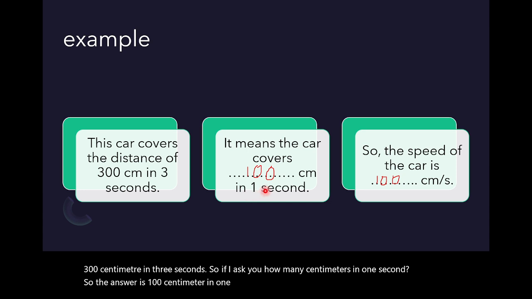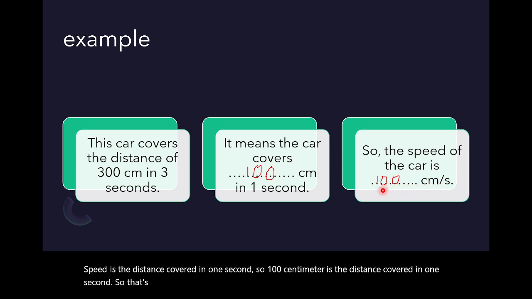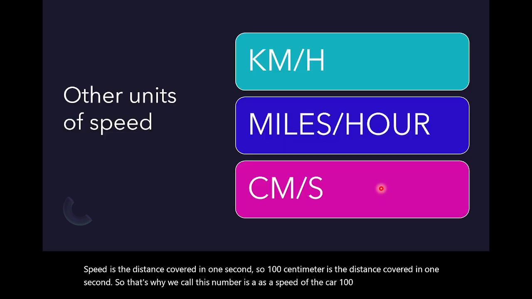And students, this is exactly what we call speed. Speed is the distance covered in 1 second. So 100 centimeters is the distance covered in 1 second. That's why we call this number the speed of the car, 100 centimeters per second.